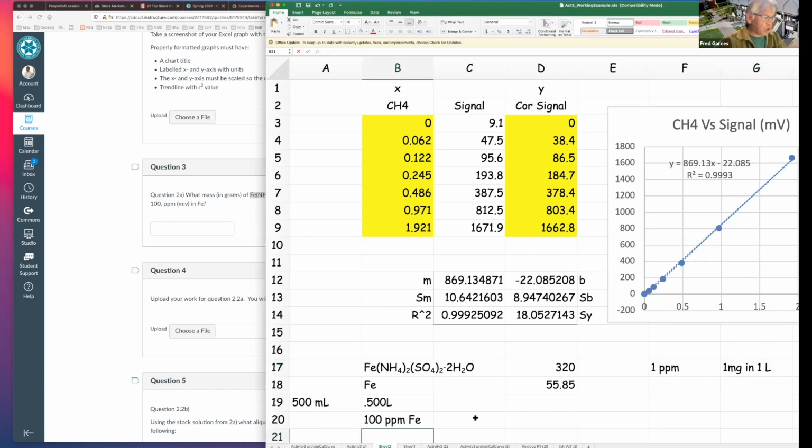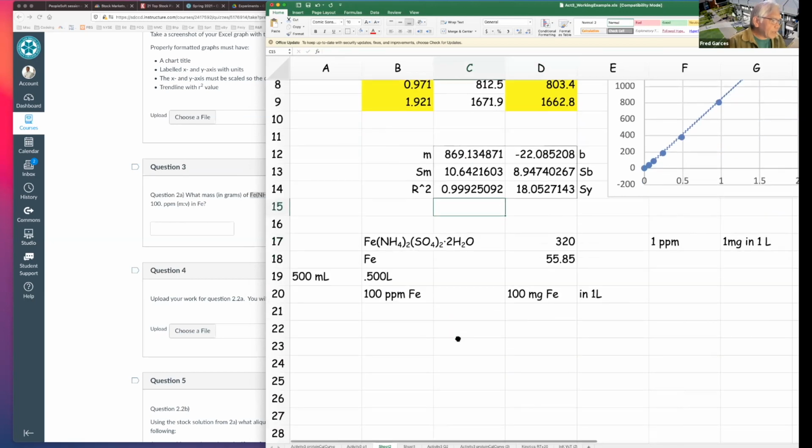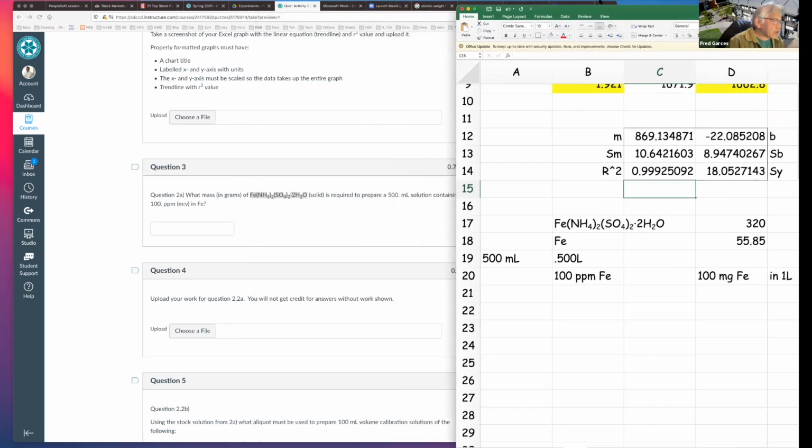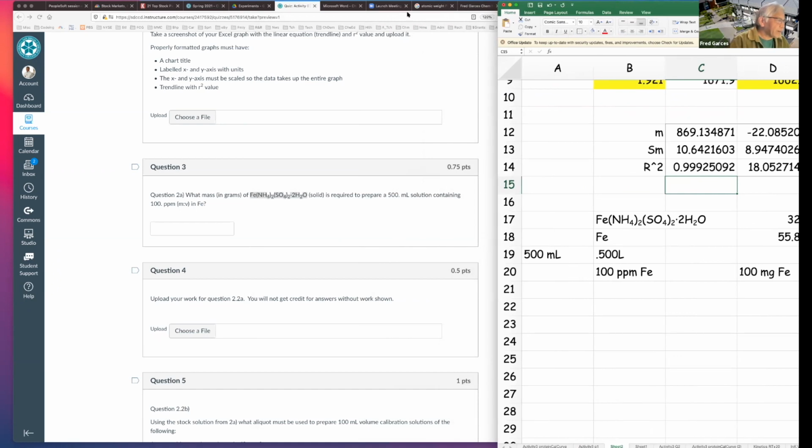So 100 ppm is 100 milligrams in 1 liter. That's 100 ppm: 100 milligrams of iron. So the way you set up this problem is, again, I want you guys to see what's going on.